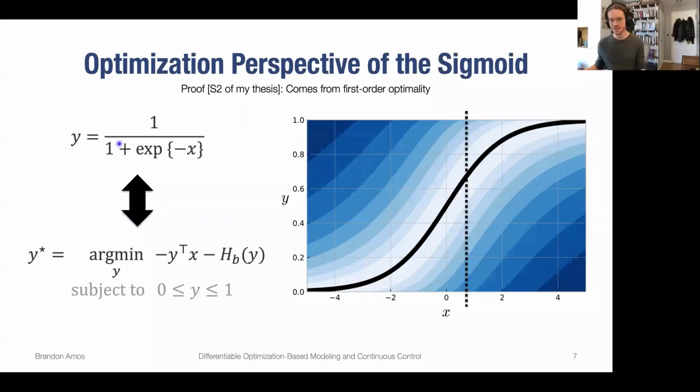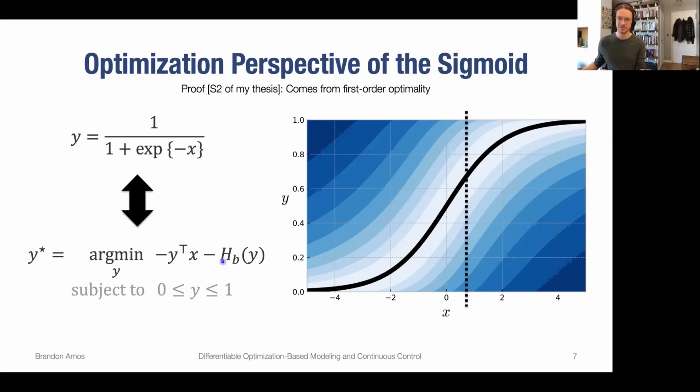Just to quickly go through these next two examples too, you can also look at the sigmoid as solving an optimization problem, where it's the same idea where you are projecting onto the 0, 1 box in this case, and if you plot out this heat map of the objective, you can get a sense of how this works. So at each point you solve this optimization problem, and it turns out this entropy penalized objective gives you the sigmoid.